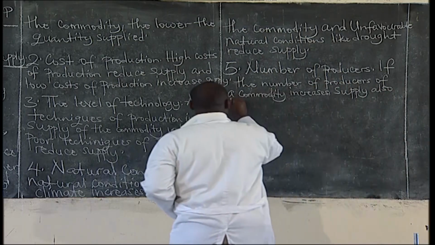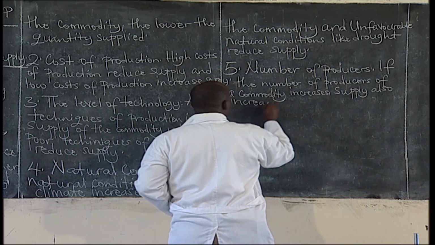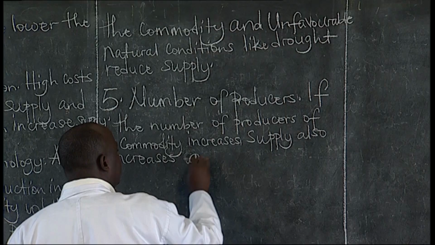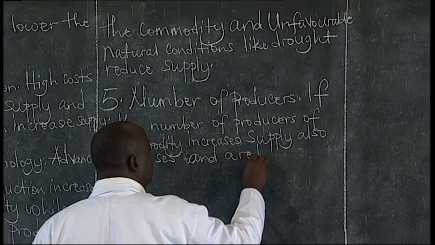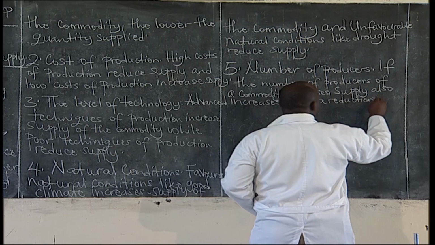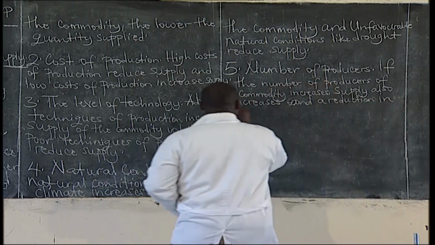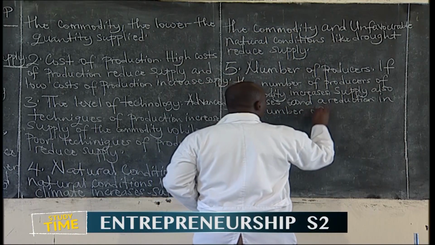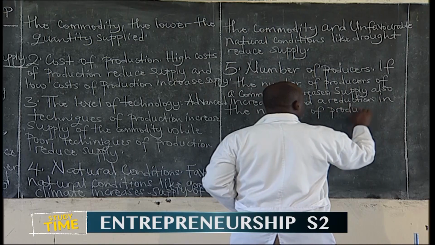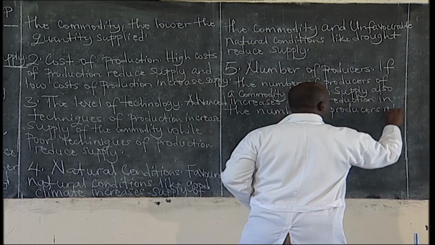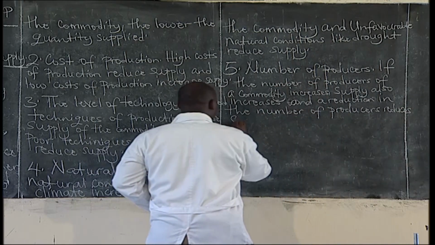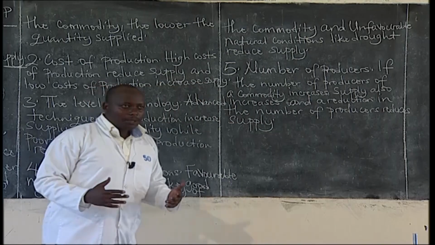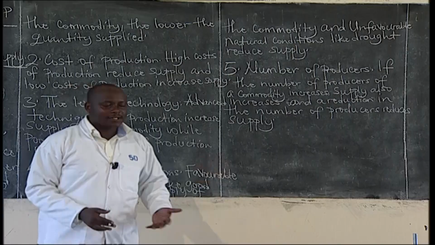And a reduction in the number of producers reduces supply. The number of producers, how does it affect supply?